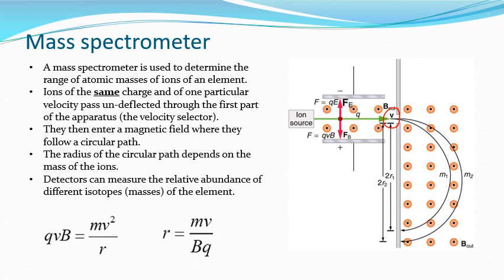So the greater the mass, the greater the radius that we've got there. So for different samples, mass 1 hits at this point, mass 2 with a greater mass hits at a greater radius. Okay, notice here we've got 2 times the radius, because that's the diameter of the circle rather than the radius that's being shown there.